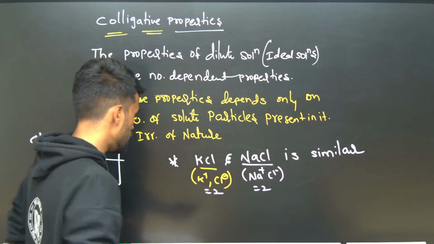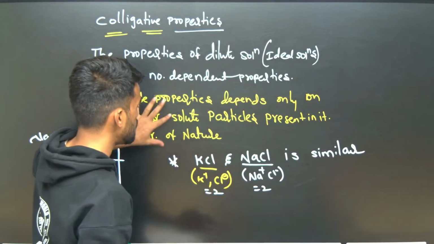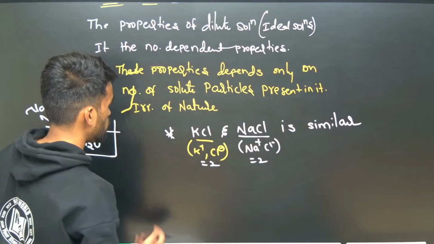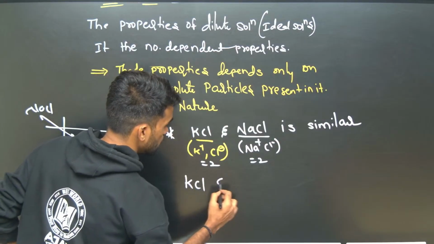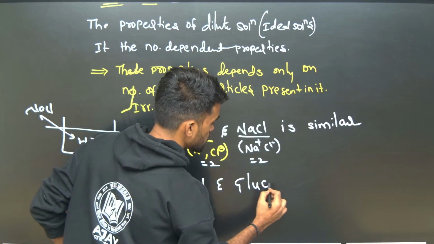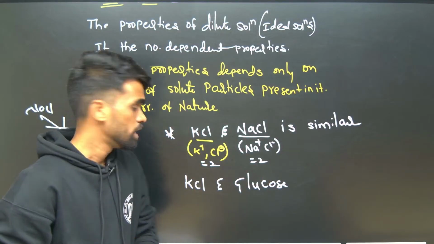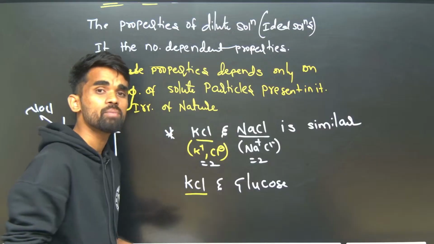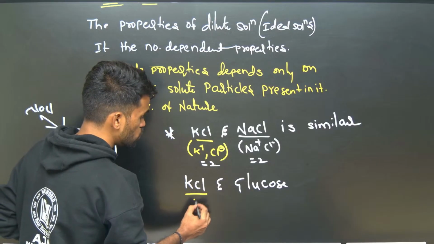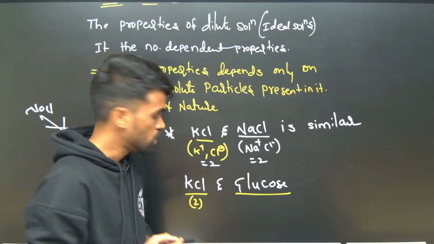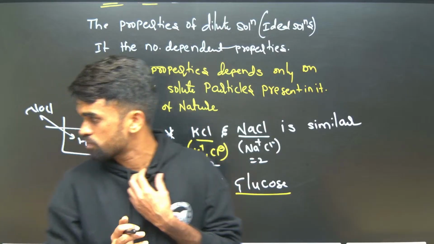Now if I add the same amount of KCl and glucose, will the change in their properties be the same or not? No, because KCl has 2 particles, and glucose is a non-electrolyte, so there is no dissociation of ions from the glucose.